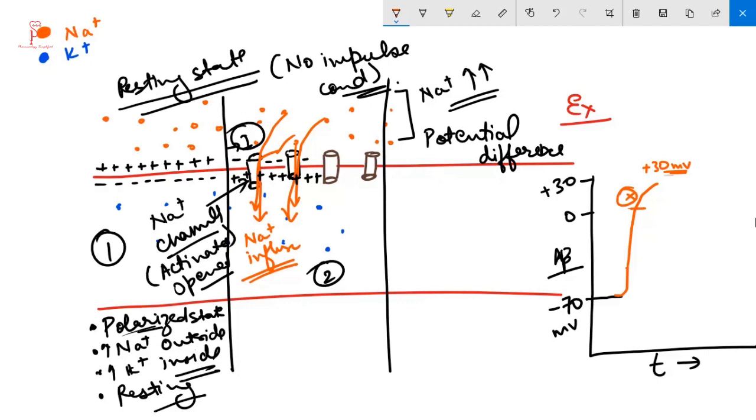It doesn't stop here. When it reaches 30 millivolts, this state is known as the depolarized state. Now we have high sodium and high potassium inside.